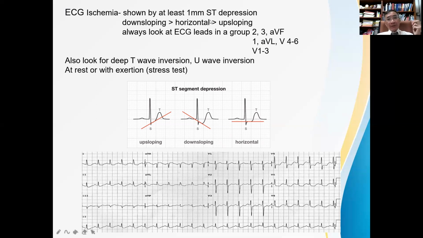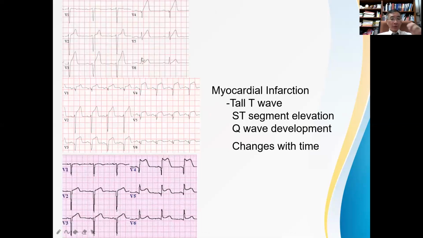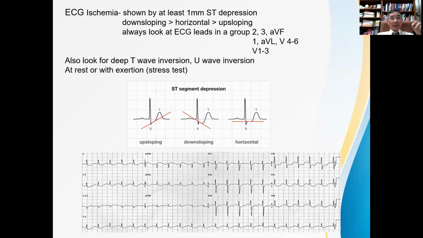In addition to ST depression, you also look for T wave inversion and U wave inversion to diagnose coronary disease. So remember that the upsloping ST depression is not so bad. The downsloping is bad, as is the horizontal ST depression. And looking at the ECG here, you can see that there is ST depression very clear from V4 to 6.